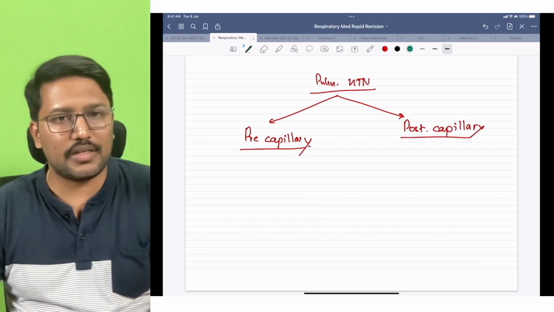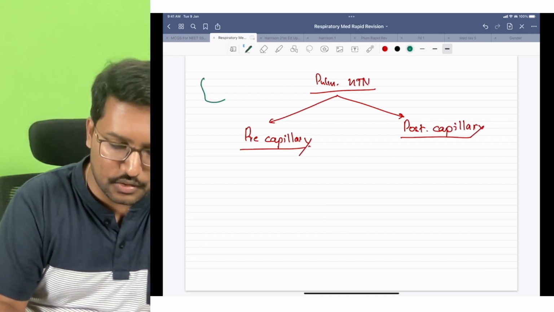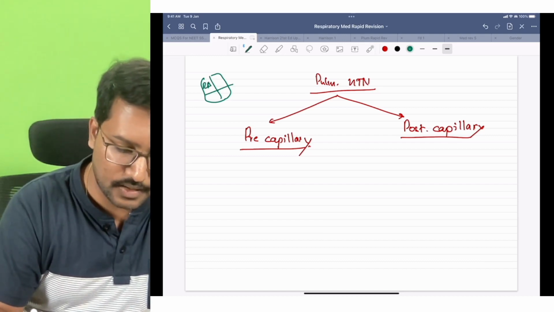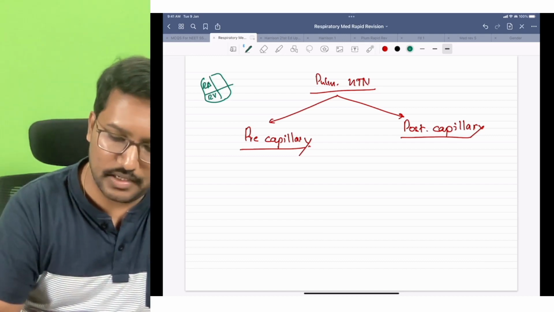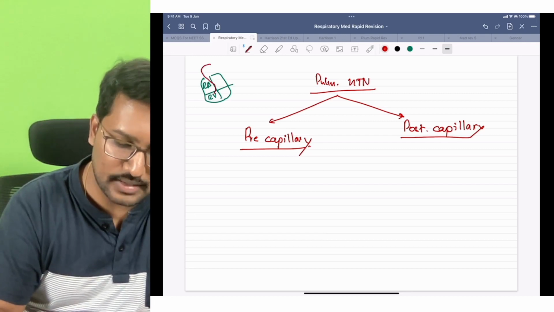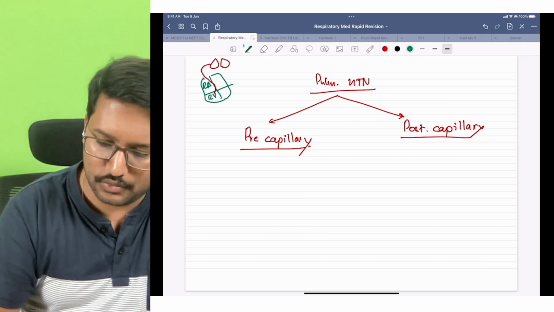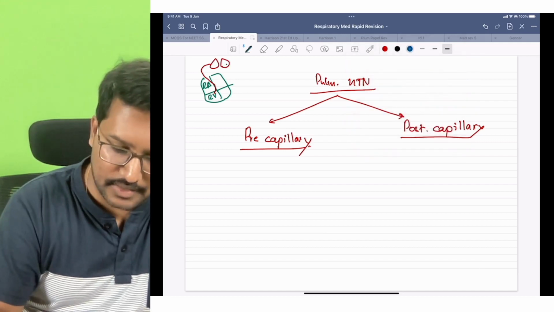The basic anatomy that we know is you have your heart, the right side and the left side of the heart, right atrium, right ventricle. From the right ventricle the blood goes to the lungs, and from the lungs the blood is coming back to your left atrium.